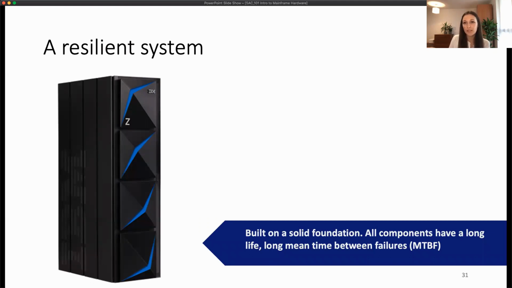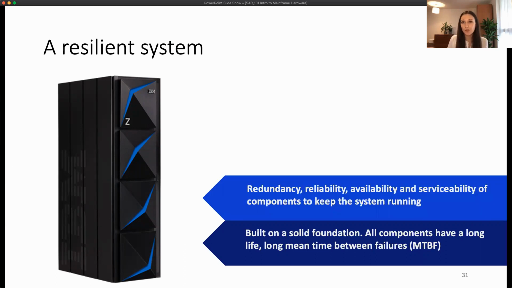They have all been extensively tested and they only get approved to be used within a mainframe if it is assured that they have this sort of mean time between failures. So the foundation of the hardware components which are built into the system are very, very solid.